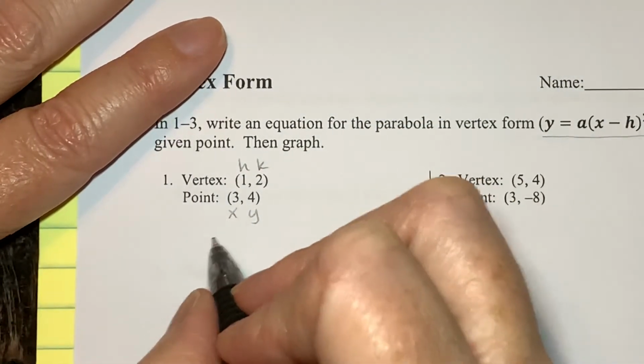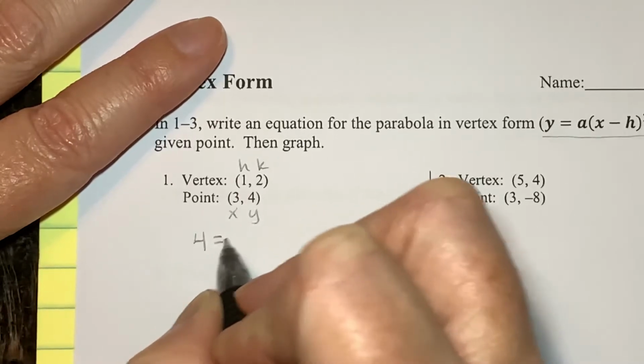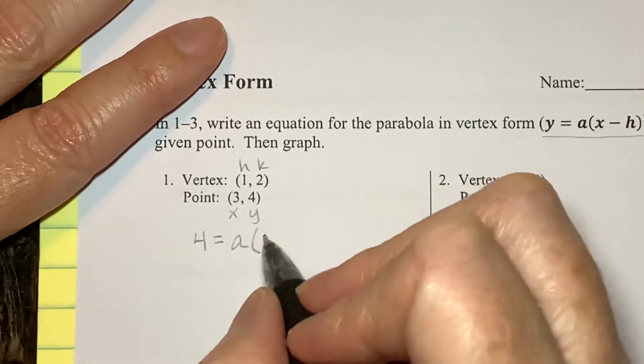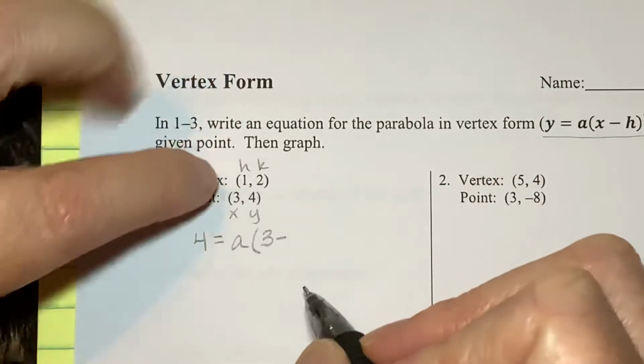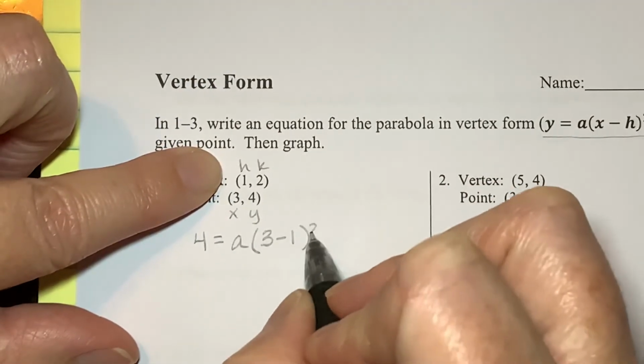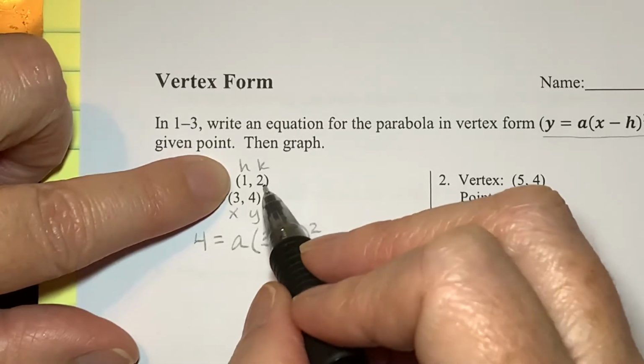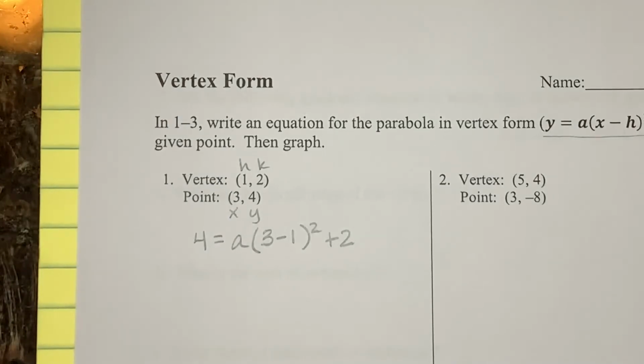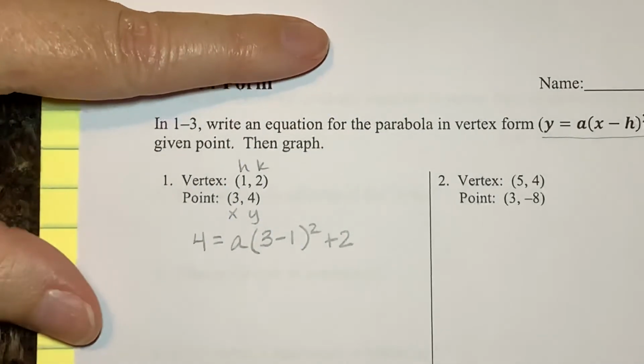So we're going to plug in everything we know. y is 4, a we don't know, that's what we're solving for. x is 3, minus h is 1 squared, plus k, so plus 2. And we're going to solve that equation for a.